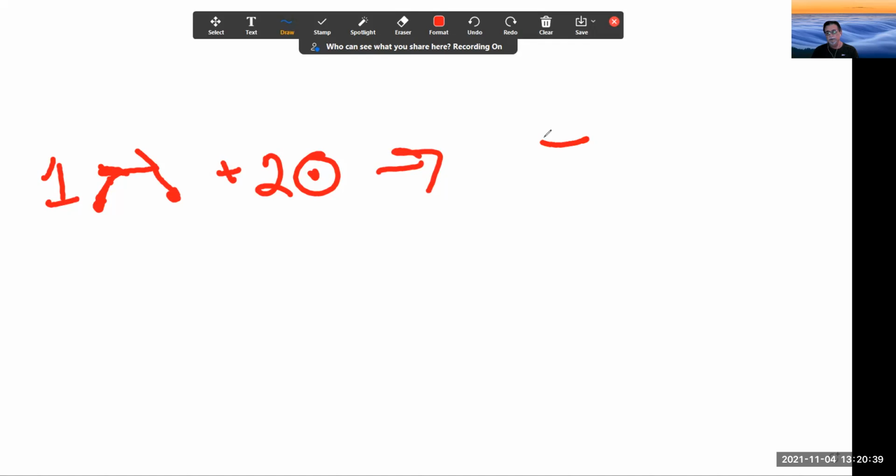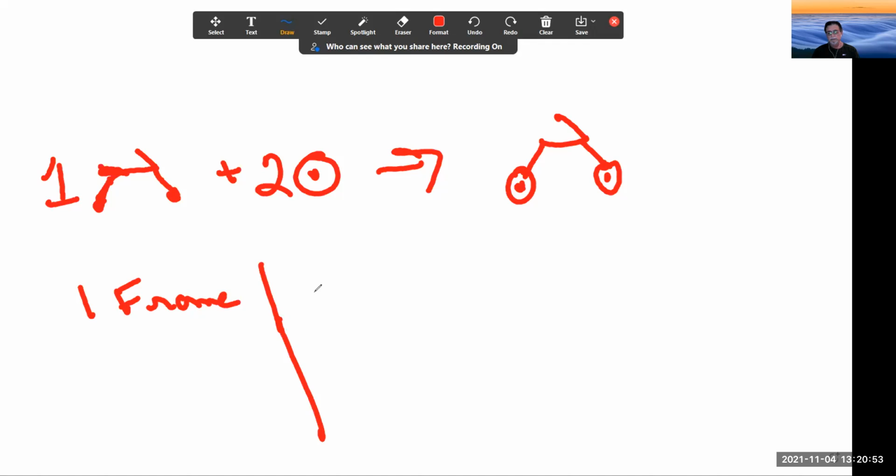And so to get my bicycles all together and assembled, I'm set up here. So if I start off with one frame and I have 2 tires, obviously I'm going to make 1 assembled bike, right?